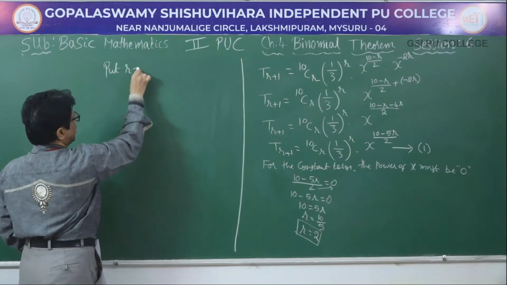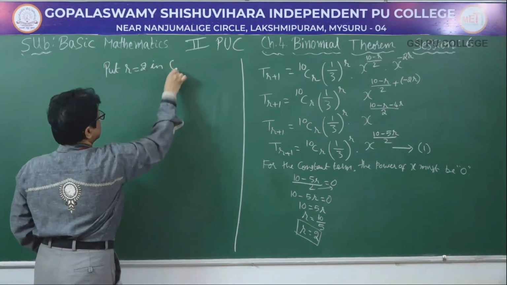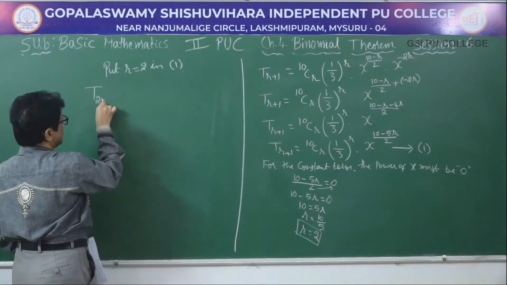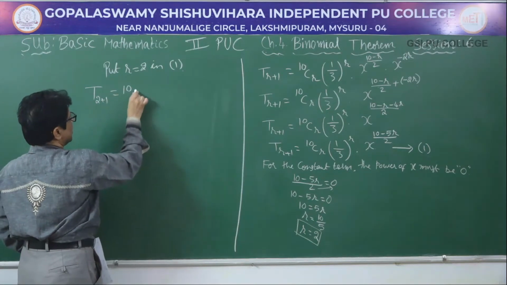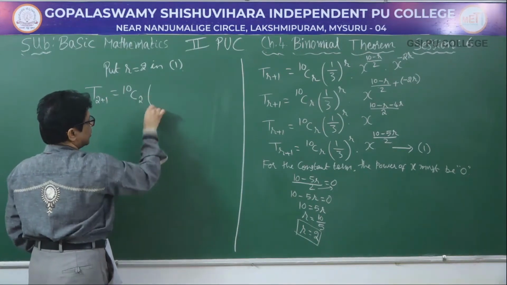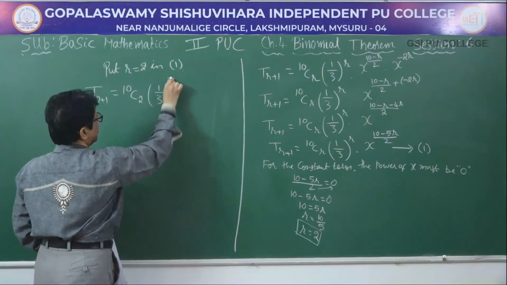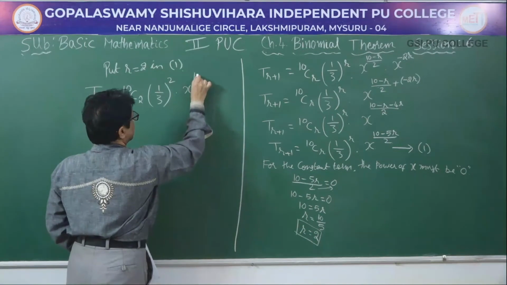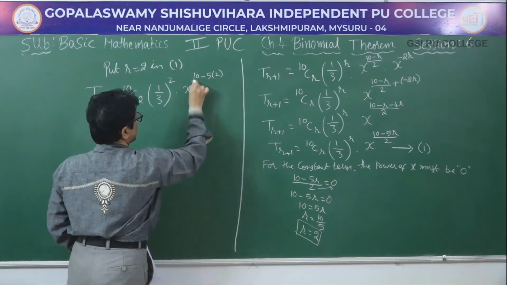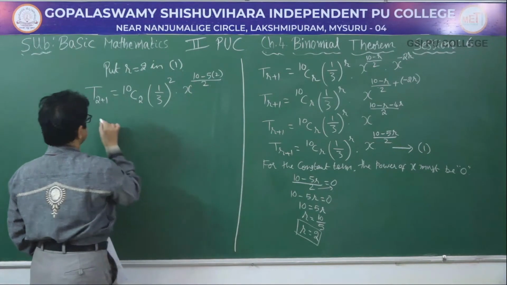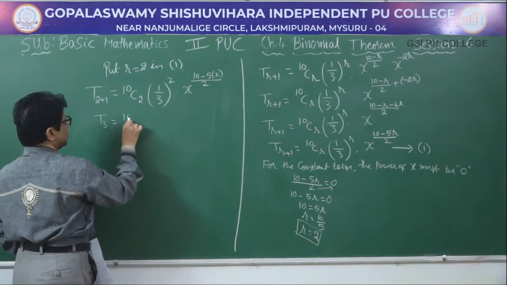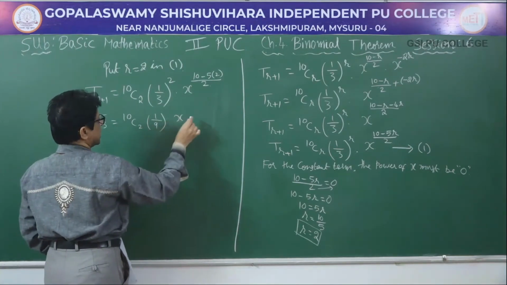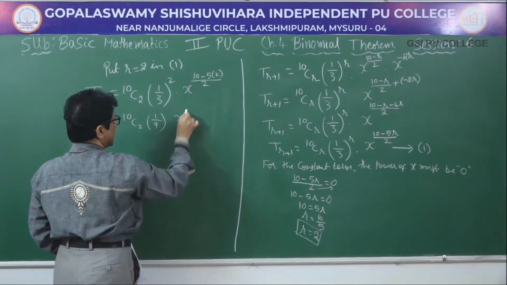Put r is equal to 2 in equation 1. We get T(2+1) is equal to 10C2 into (1 by 3) whole power 2 into x power (10 minus 5 into 2) divided by 2. So T3 is equal to 10C2 into 1 by 9 into x power (10 minus 10) is 0, 0 by 2 is 0.